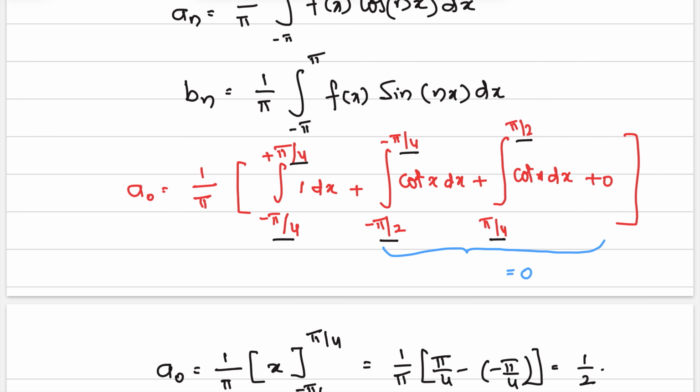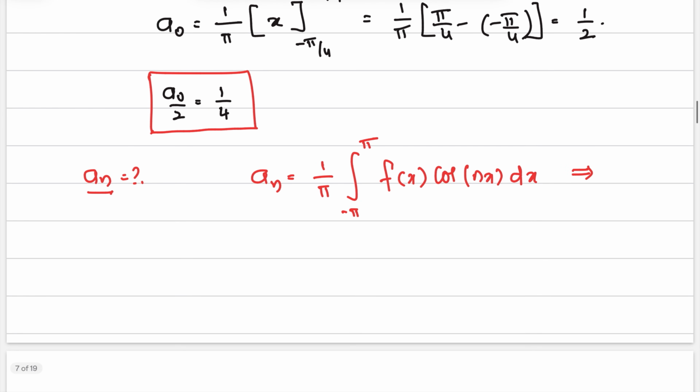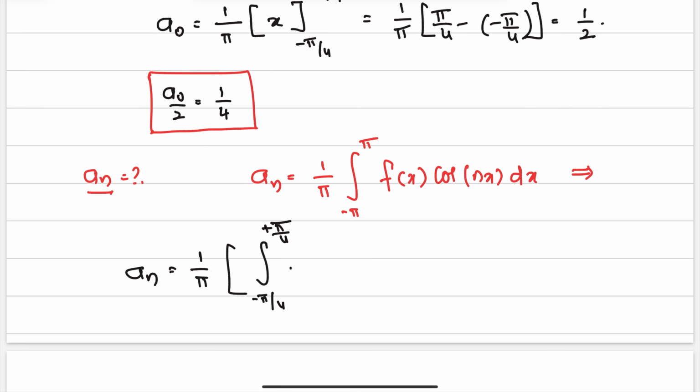In the first interval, function x will be 1. So an is equal to 1 by pi into the integral from minus pi by 4 to plus pi by 4, let us not change this because it is given in the behavior of the function itself, of 1 into cos nx dx.